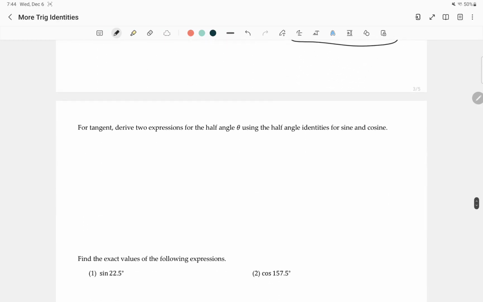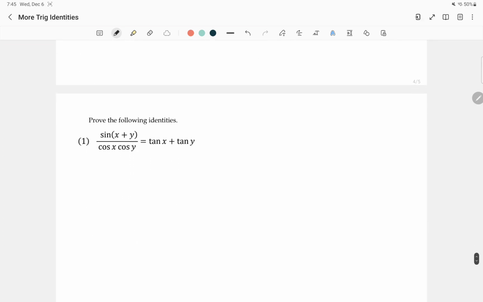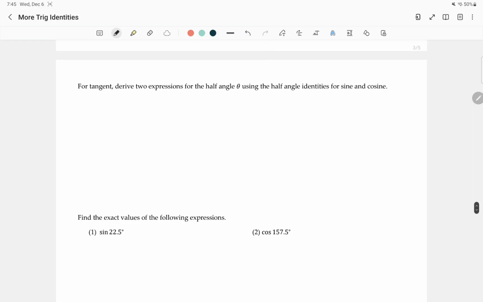And moving on, we want to use it for tangent. The great thing about tangent is there are 3 different ways you can do this. Obviously, I don't want to go through all of that, but I will do it anyway because it looks like this is the last thing we need to prove.